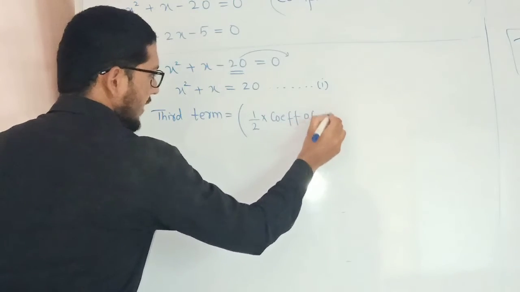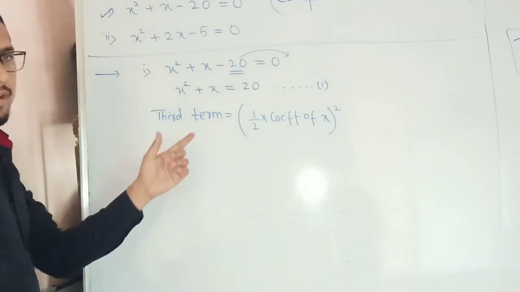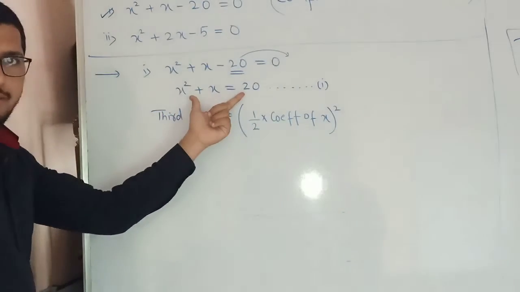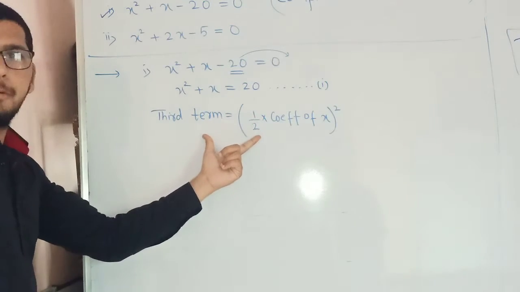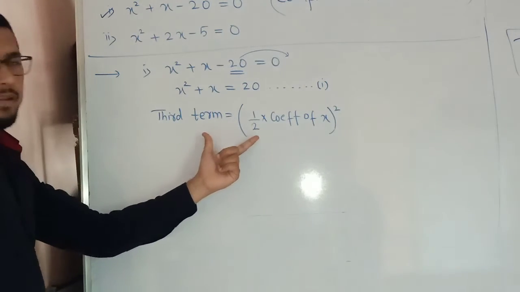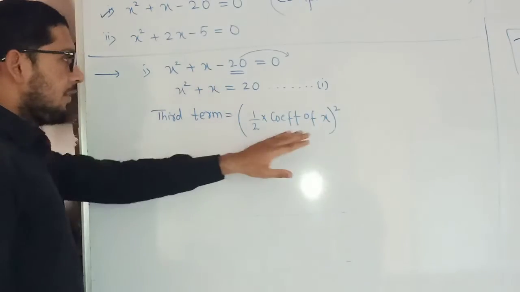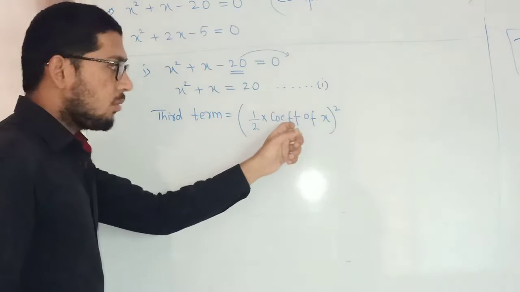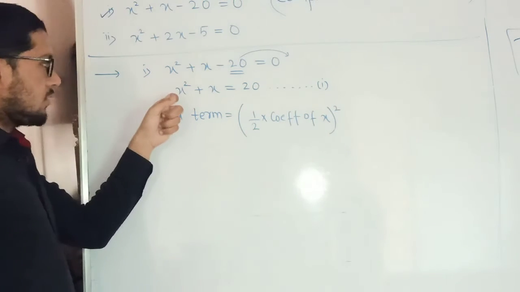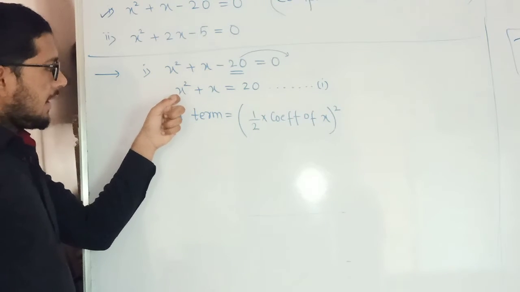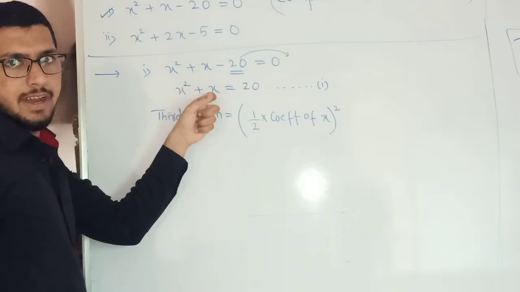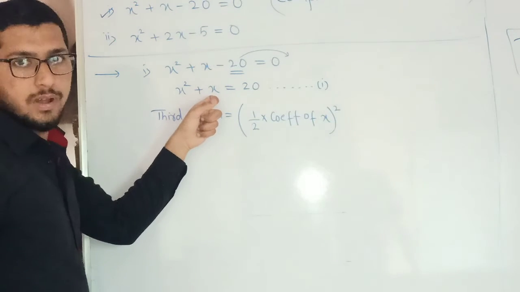So coefficient of x, whole square. Now in this formula we just have to write the coefficient of x. Here the coefficient of x square is 1, and the coefficient of x is 1.